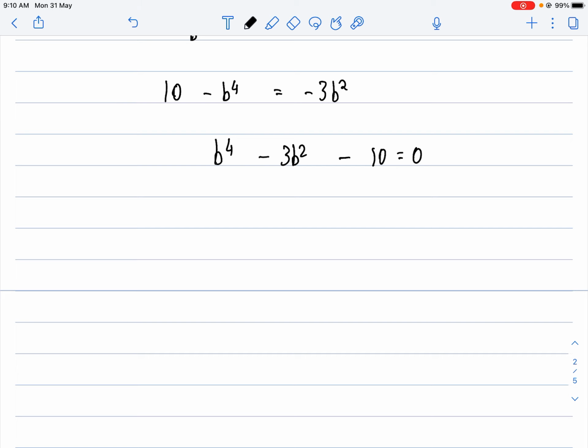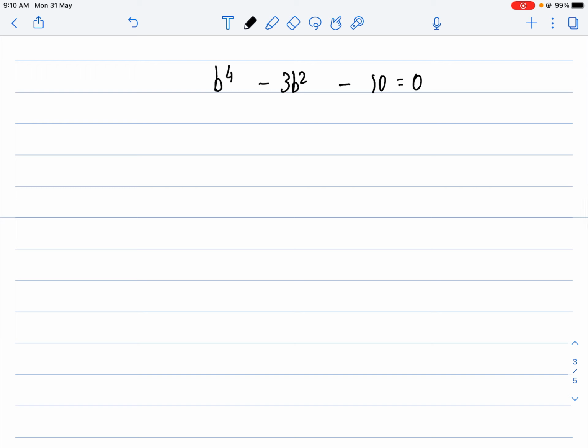Rearranging everything to one side. Now what do I do? If you see, this is a quadratic. So I can say let b square be z. So I can write this as z square minus 3z minus 10 equals 0.